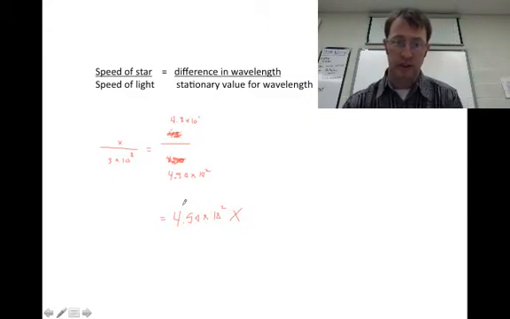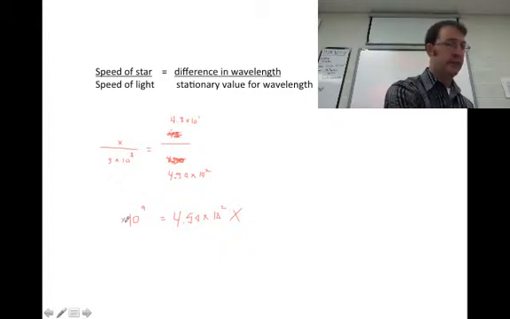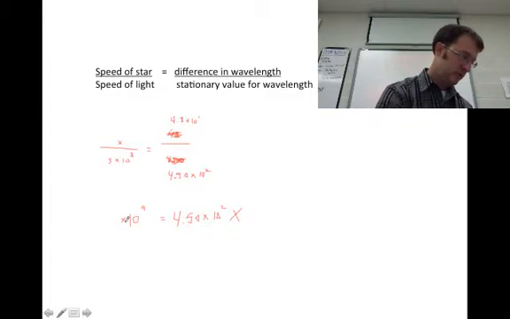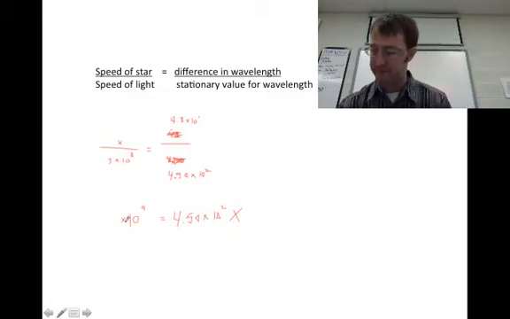Remember the rules of scientific notation. When you multiply your scientific notation, you add your exponents. So 8 plus 1 is 10 to the 9th. And then I just do my 3 times 4.8, which equals 14.4.